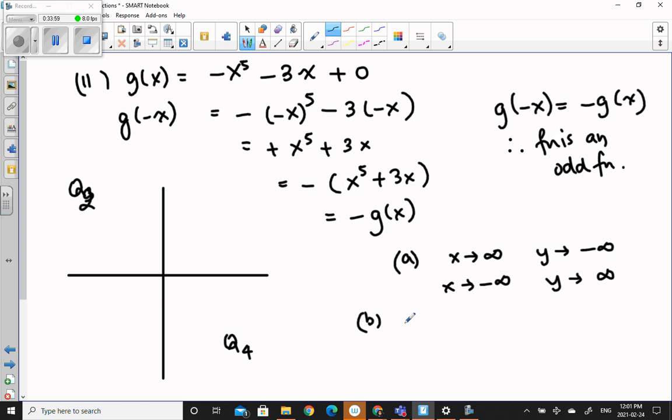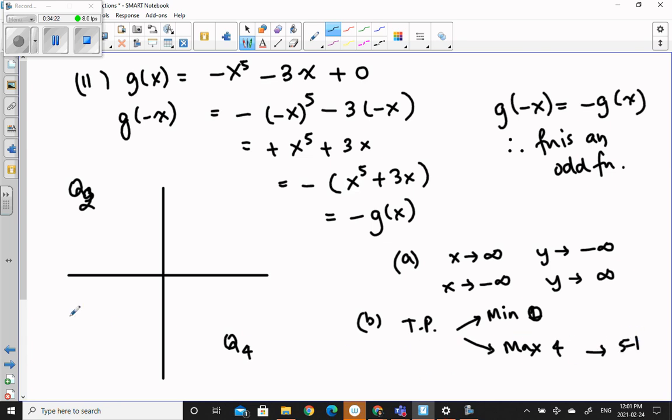And for B, for turning points, well, it should have a minimum of 0 turning points, because if you have a graph like the x cubed function, it has no turning points, right? Or it could have a maximum of 5 minus 1, which is 4. So that's the maximum you can have.